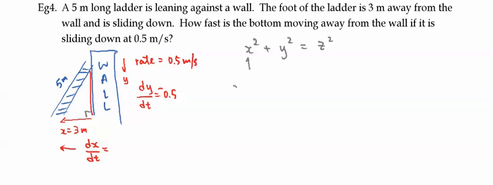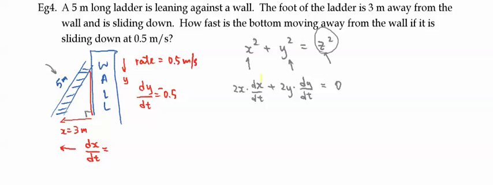Differentiate this with respect to time, chain rule, and then differentiate this with respect to time and chain rule, dy/dt. And then on the right hand side, knowing how the hypotenuse of this triangle is actually a constant, the ladder is not changing its length, differentiating the right hand side in this case will simply give us a 0.